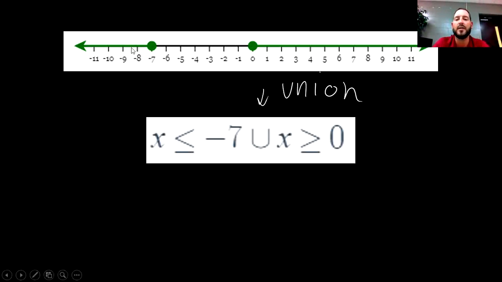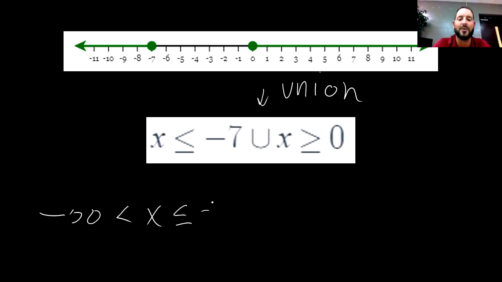So if you'll notice, your green line here, -7 is included, and it's all the way to negative infinity. So from negative infinity, we don't arrive at negative infinity, so it's not equal to, x less than or equal to -7. All of those are part of the solution. The union symbol here also, and 0 and above.